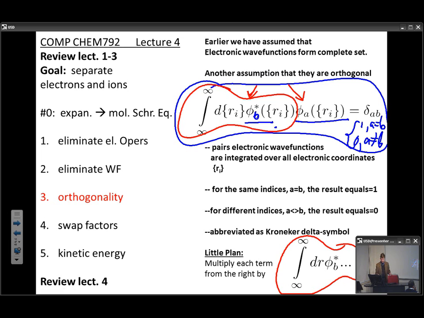Hopefully, we'll see if it will work. So by using the property of orthogonality, we are going to eliminate the electronic wave function. Hopefully, we will approach closer to getting things important for describing the ions.